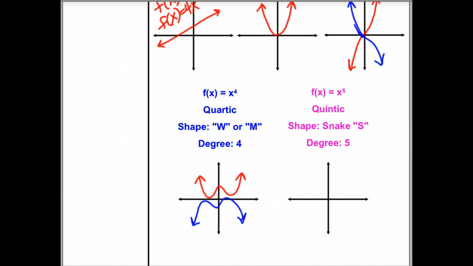Save your soul if you have 5 kids all at once, but that's what it would be. And that, like I said, goes back to our snake or S shape. It could also possibly have a shape that looks like this. And so just be aware that that's what we're talking about.